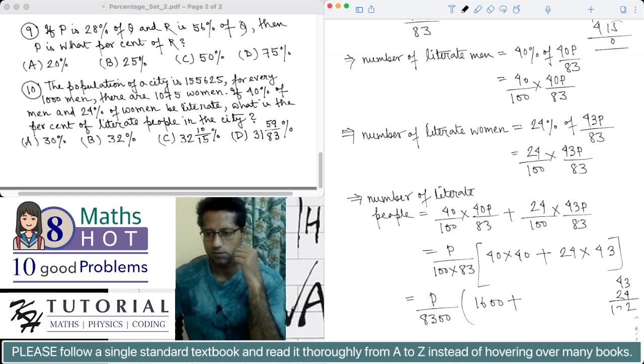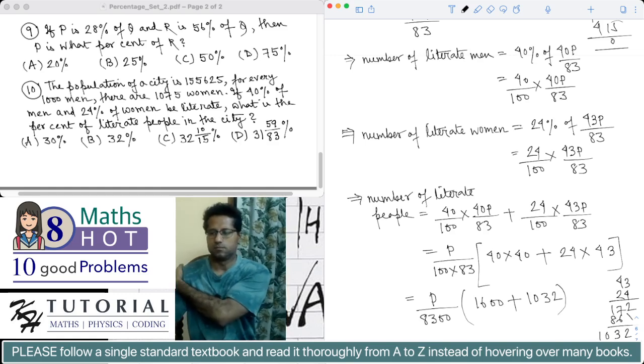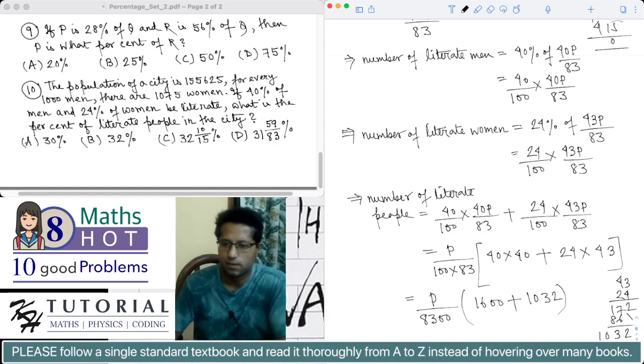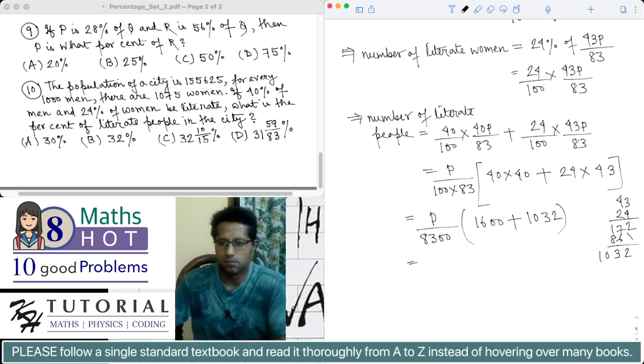It is 1032. This is equal to 2632p by 8300.